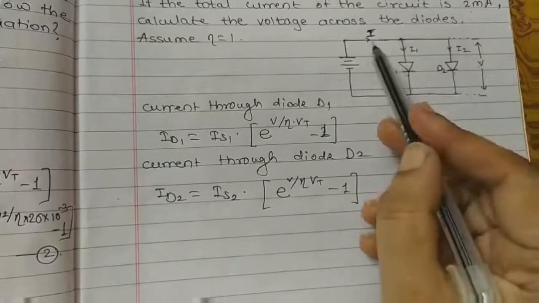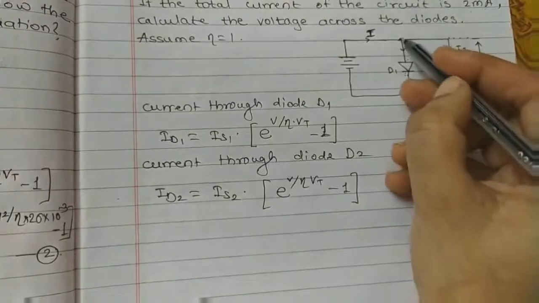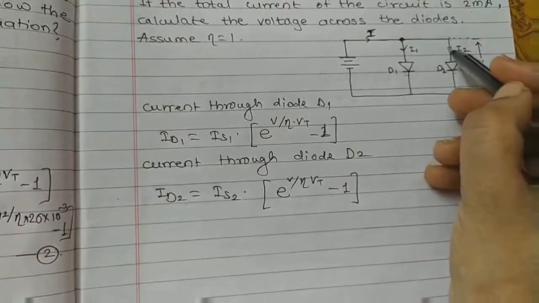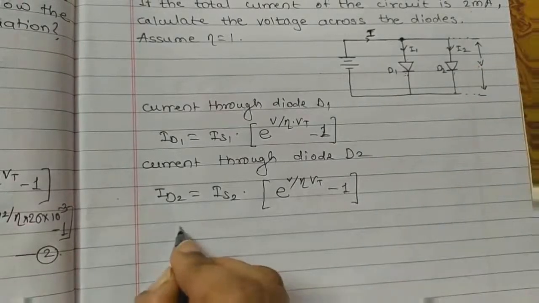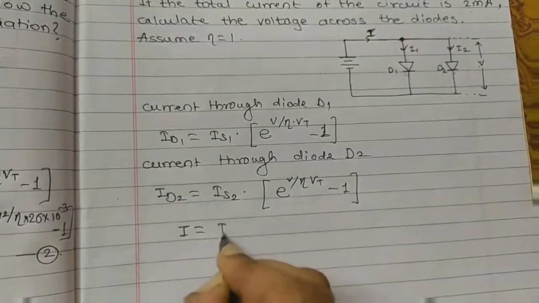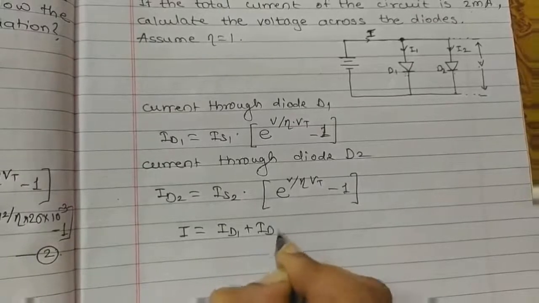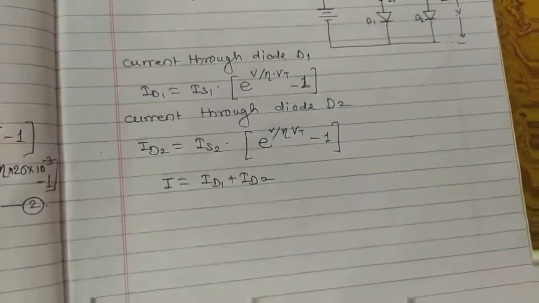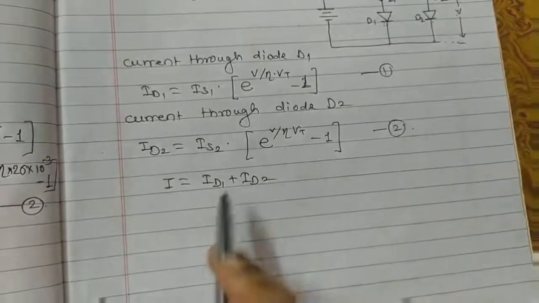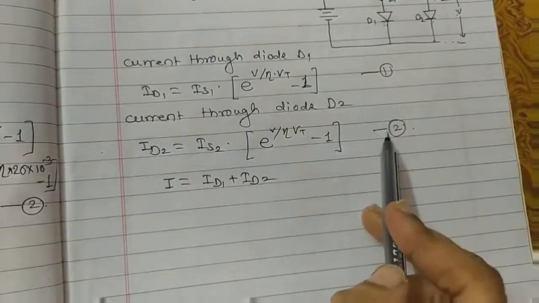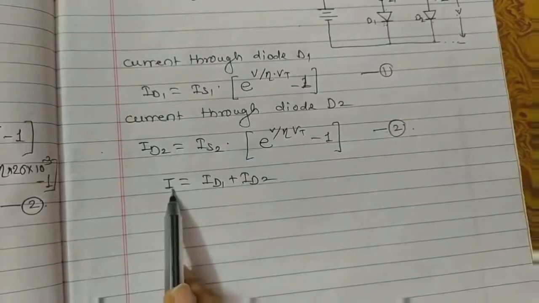That means this current I gets divided at this point as ID1 and ID2. So we'll write down here total current of the circuit I is equal to ID1 plus ID2. We'll call this equation 1, this equation 2. So we'll add equation 1 and equation 2 to get the total current of the circuit.